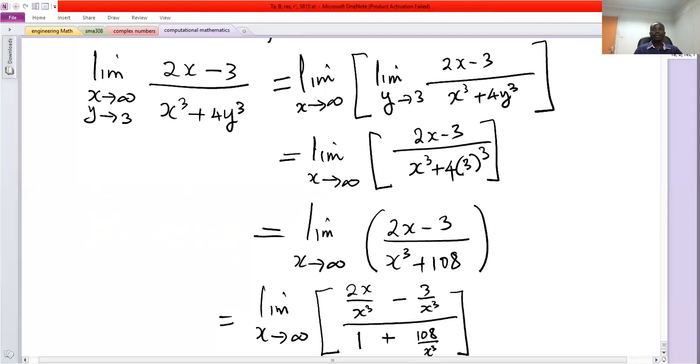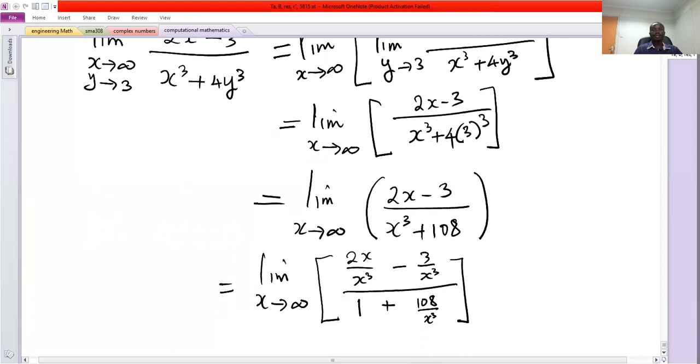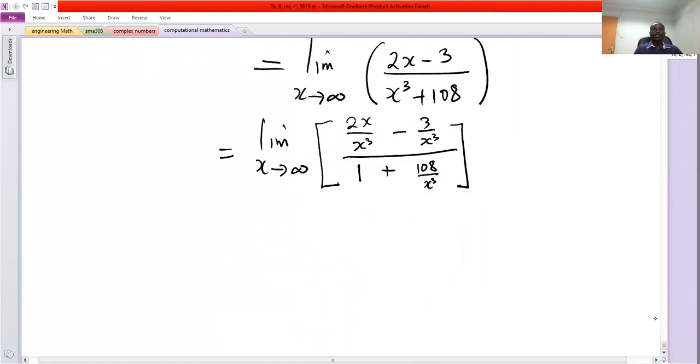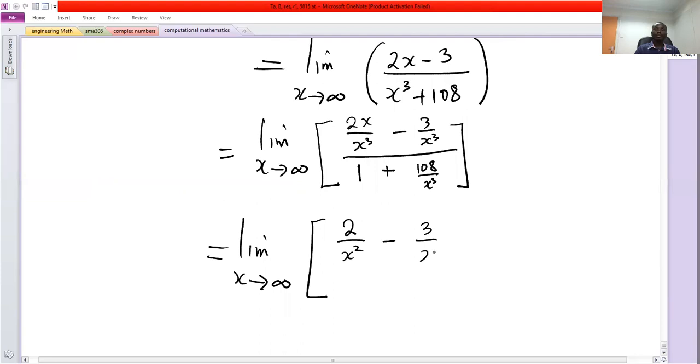This is the process of finding the limit as x approaches infinity of a rational function. So this will be (2 over x squared minus 3 over x cubed) over (1 plus 108 over x cubed).